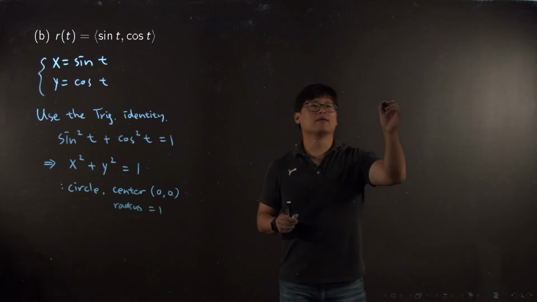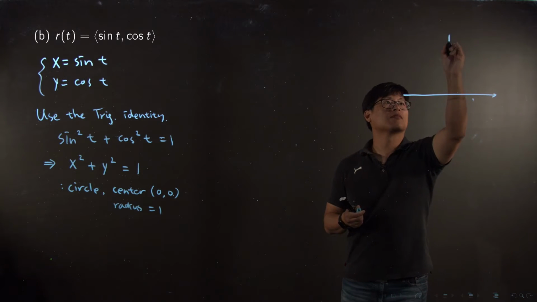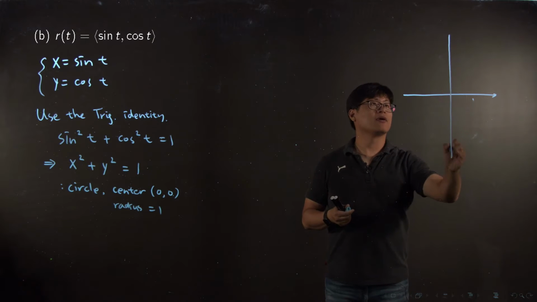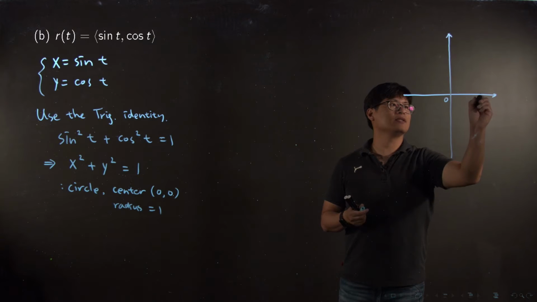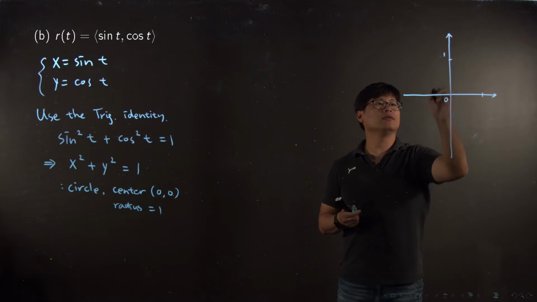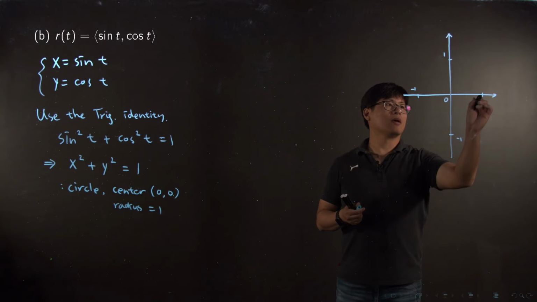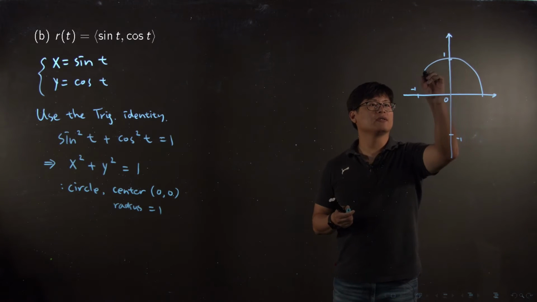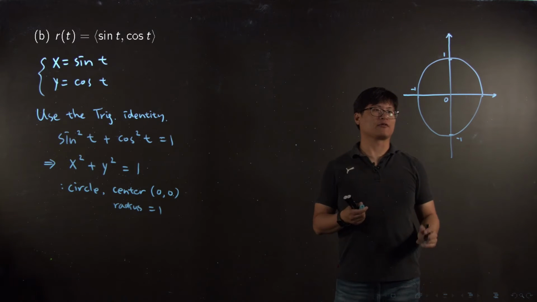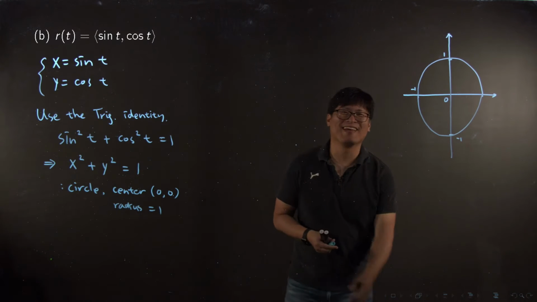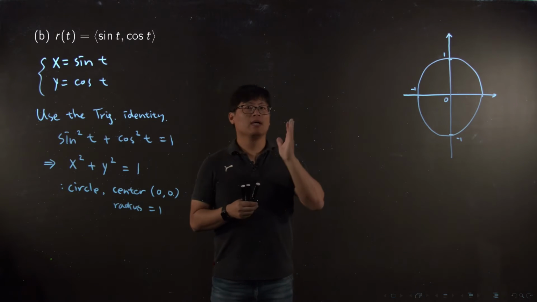So in the graph, the center is the origin and the radius is 1, and it's a perfect circle. If you have a beautiful mind, you can see the perfect circle. Okay, so now let's talk about the direction of motion.